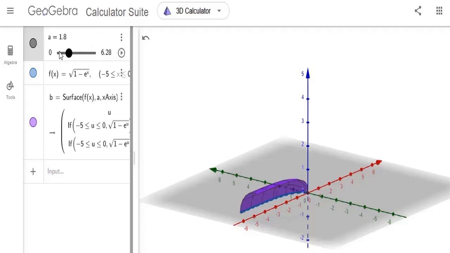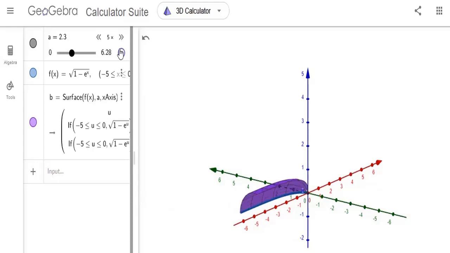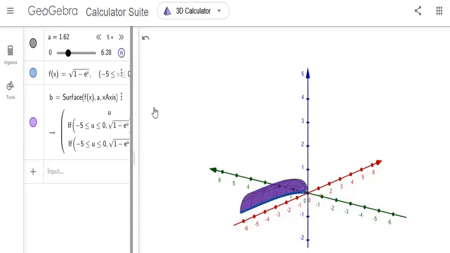Okay, so let's remove the plane. And that's the animation.